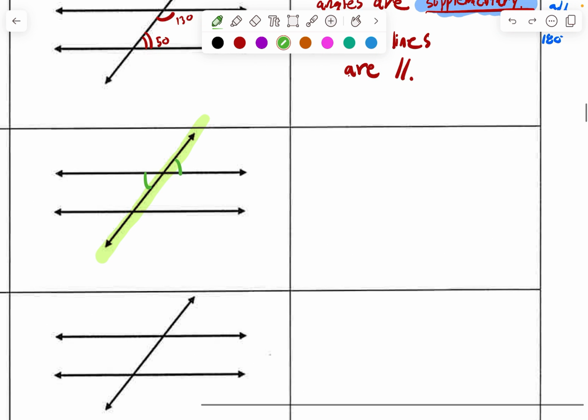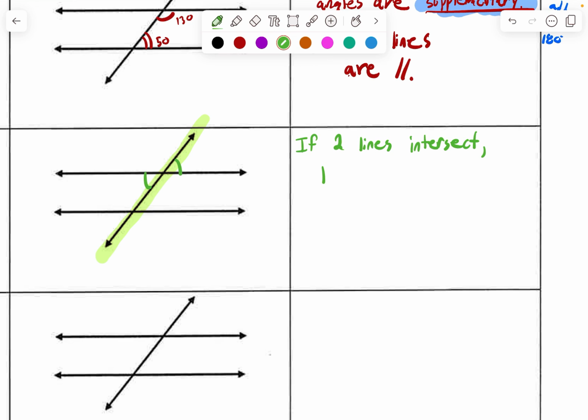What do we want to say with this actually? If two lines intersect, then vertical angles are congruent.